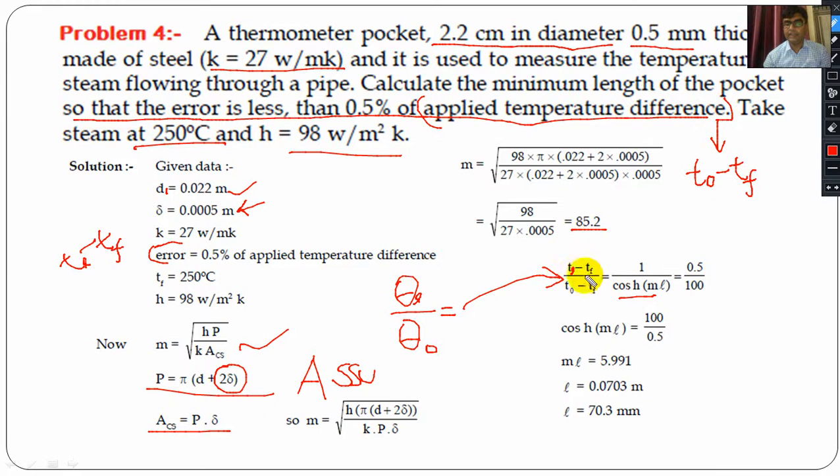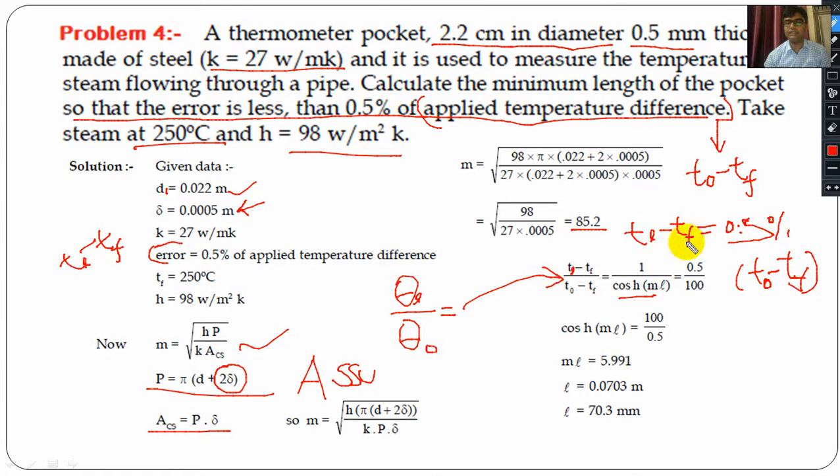Definitely, if you write this, TL minus TF is equal to 0.5% of T naught minus TF.